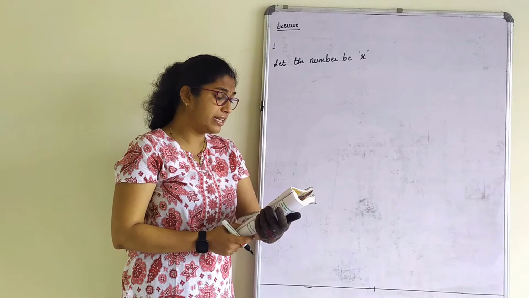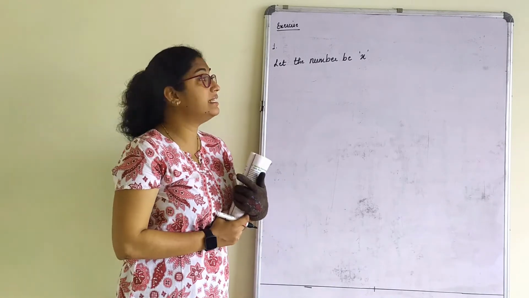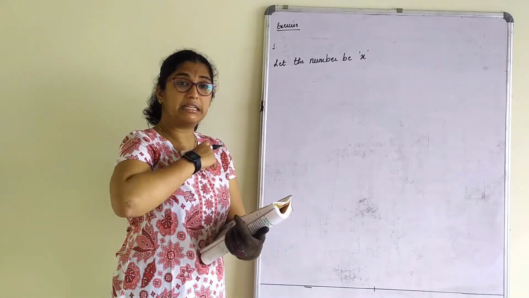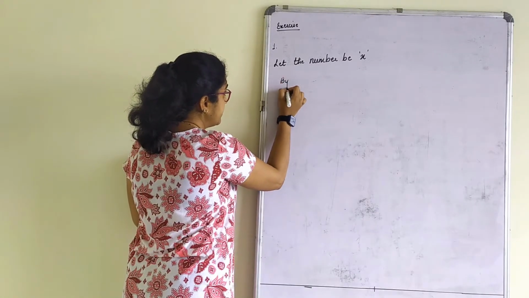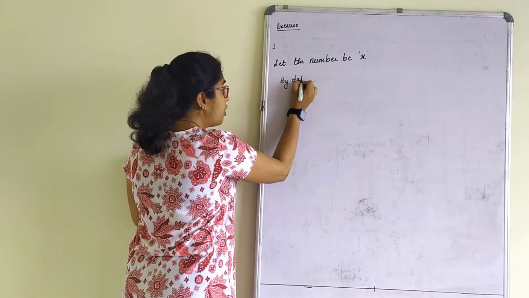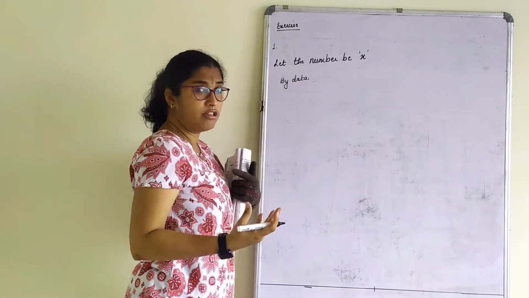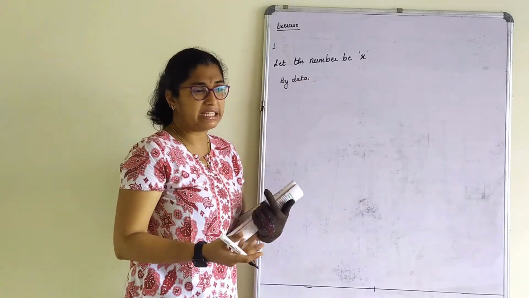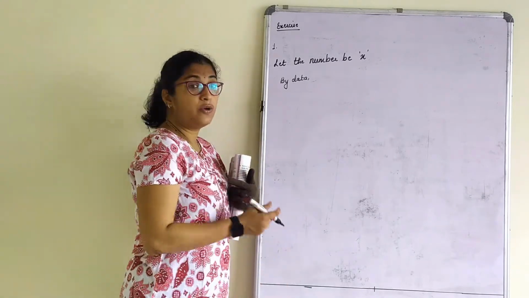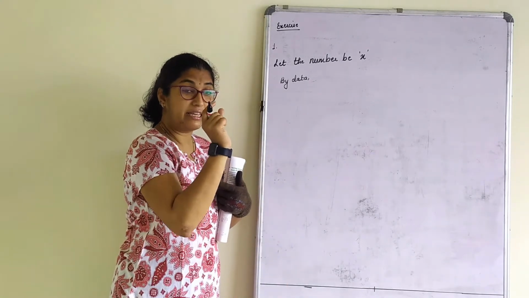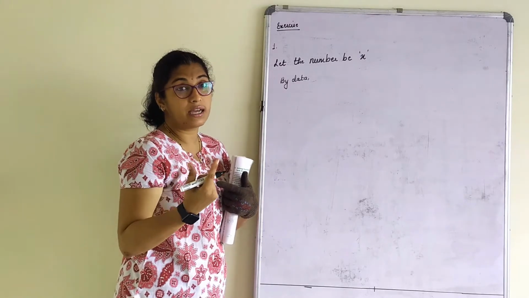If you subtract half from a number. Now the remaining thing is given in the question itself, so I write by data. By data means from the given question, or you can also say according to the question, it's the same. Whenever we have 'from a number', what comes first?